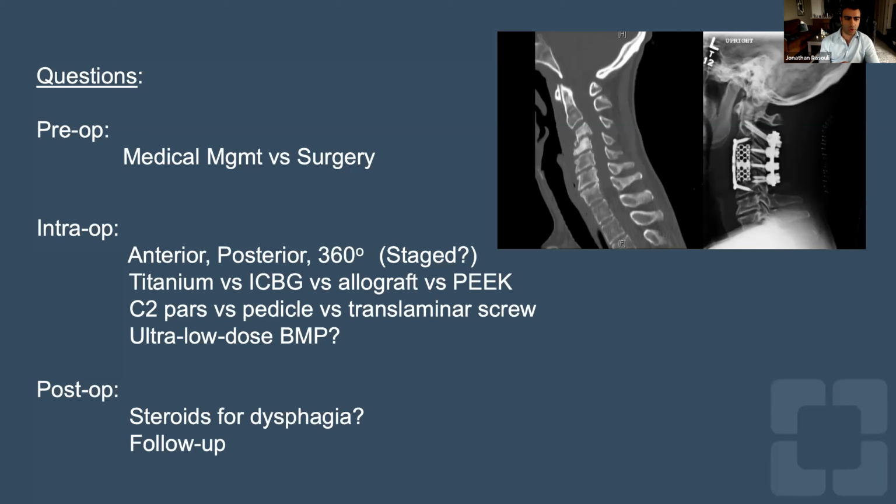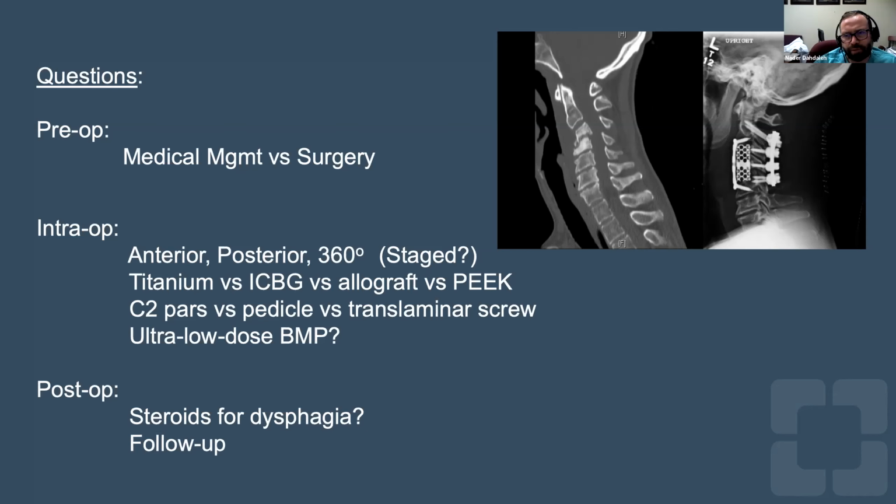Just wondering what your choice of screw would be at C2. We decided to use what I guess Jefferson calls a parsicle screw, which is a screw that traverses both the pars and the pedicle of C2, rather than a traditional C2 pedicle screw. But I'm just wondering what your preference is here for C2?